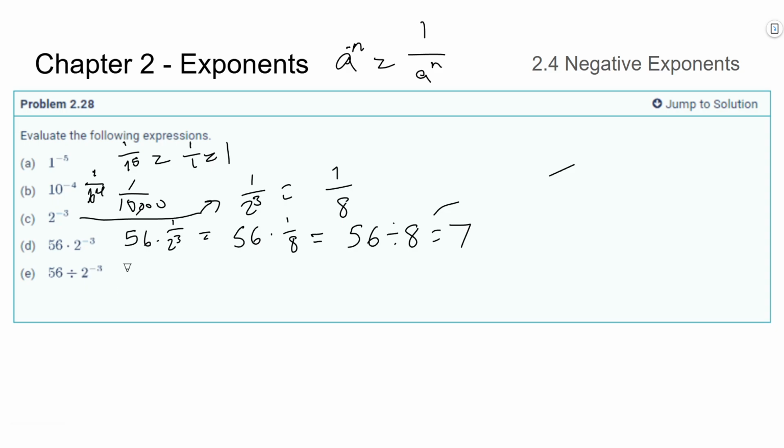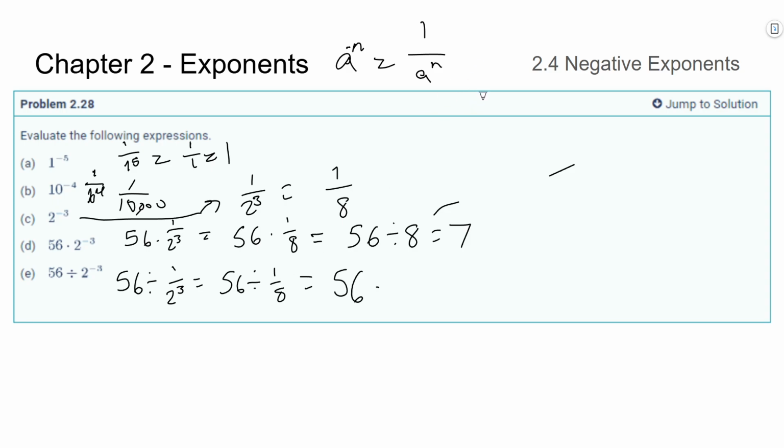All right, this last one here, 56 divided by 1 over 2 to the 3rd, which is going to be 56 divided by 1 over 8. Okay, and so we can convert this division to multiplication. So we have 56 times, what's the reciprocal of 1/8? Well, the reciprocal of a reciprocal is back to the original number, right?